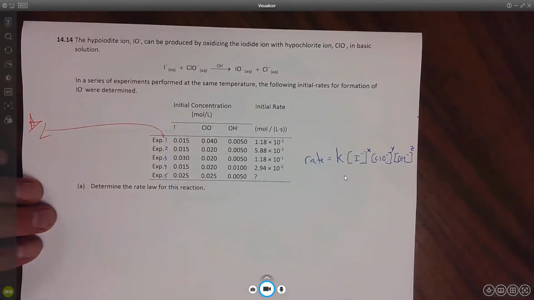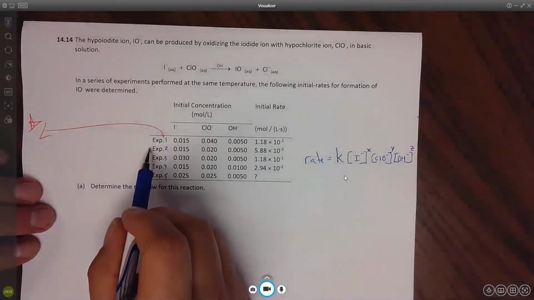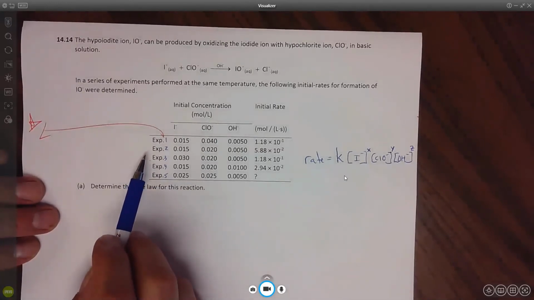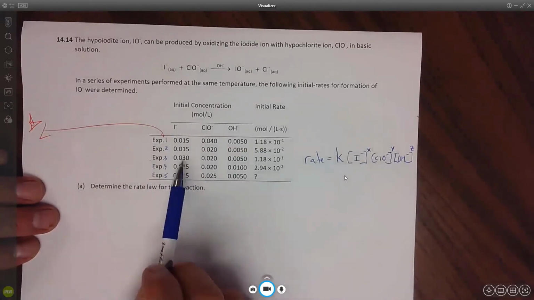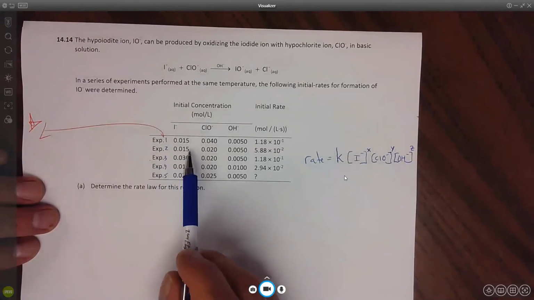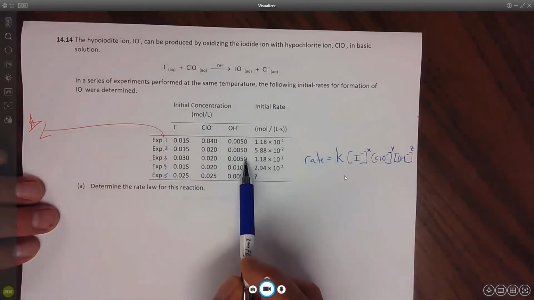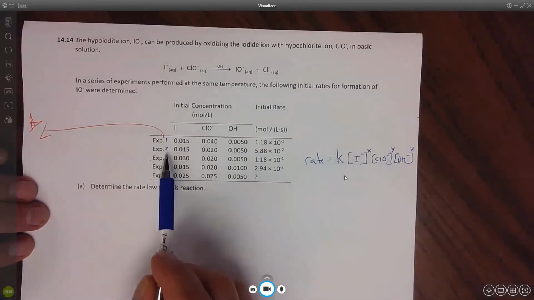Reactions 2 and 3. Mm-hmm. So why 2 and 3? The iodide concentration is different while the hypochlorite and hydroxide are the same. Exactly right. So we can see from reactions 2 and 3, we doubled the concentration of the iodide, but the concentration of the hypochlorite didn't change, nor the hydroxide. So we're going to use experiments 2 and 3.